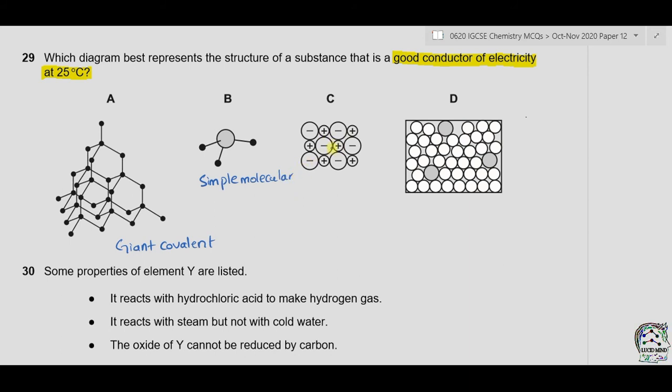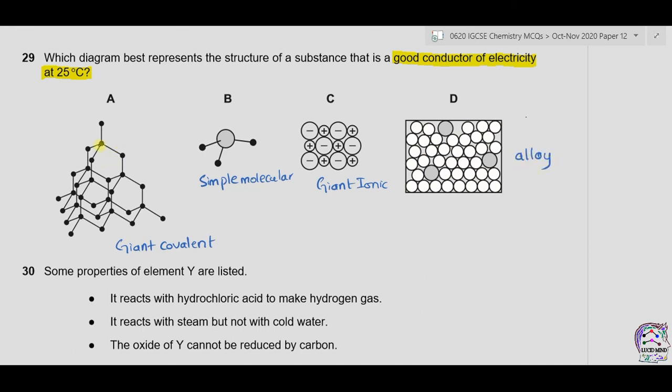In C we have opposite ions present, so C is giant ionic. While in D we have similar atoms in white and there are few atoms that are of different sizes. So D could be the structure of an alloy.